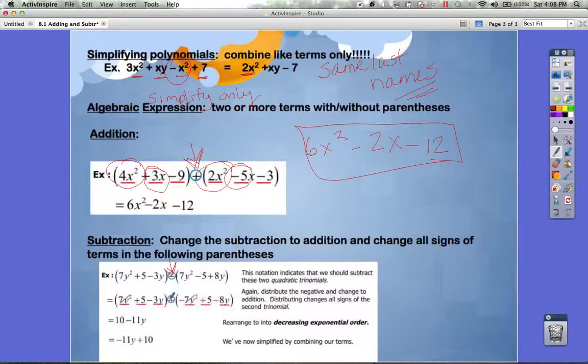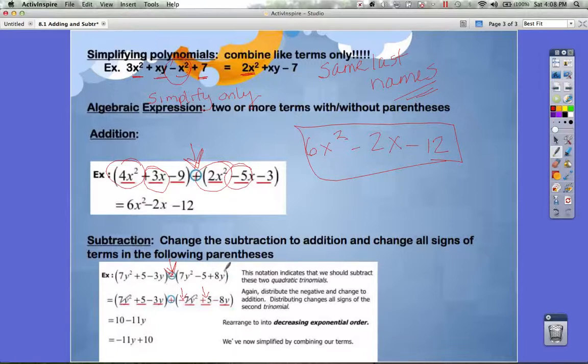Okay, when you change to addition, however, you have to do one more step, and that's change all your signs of your terms in the following parentheses. So where it's right now a positive 7, it will now become negative 7. Where it's a negative 5 right now, it becomes a positive 5.